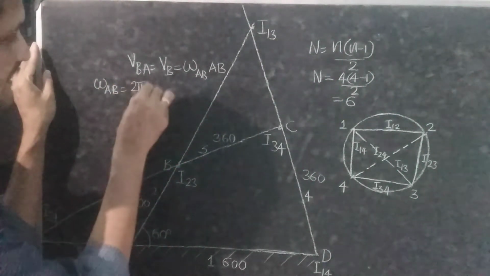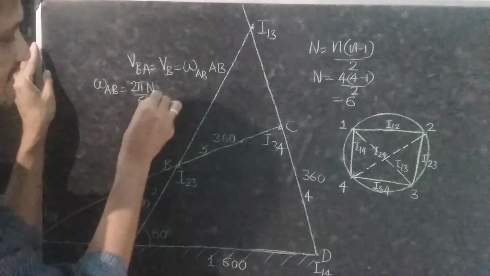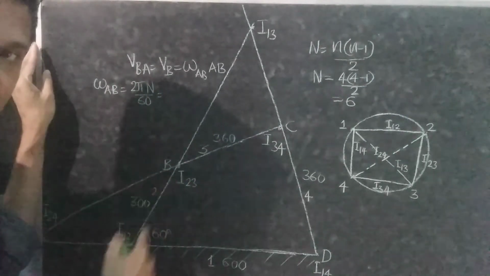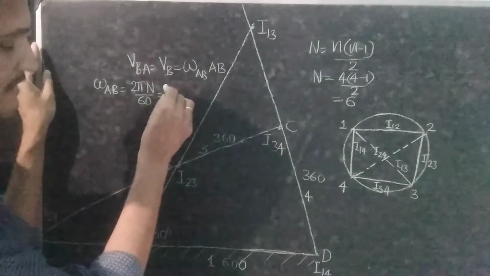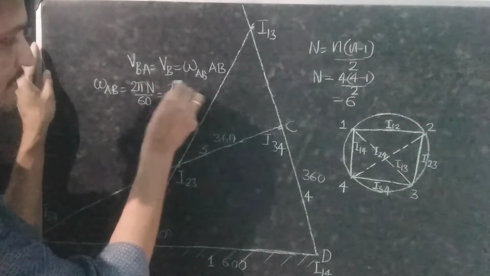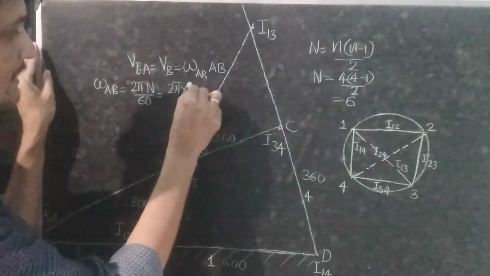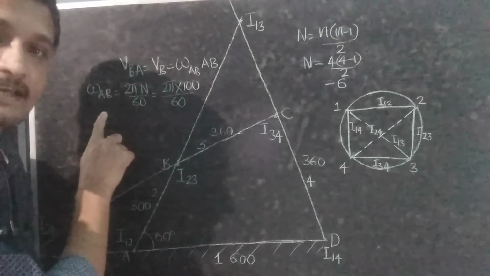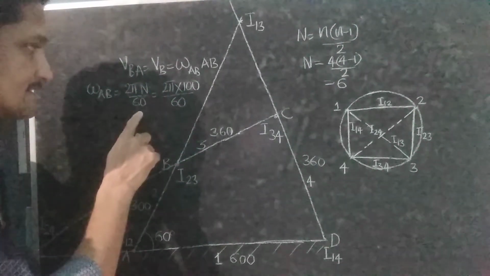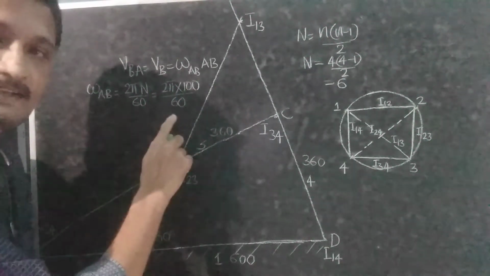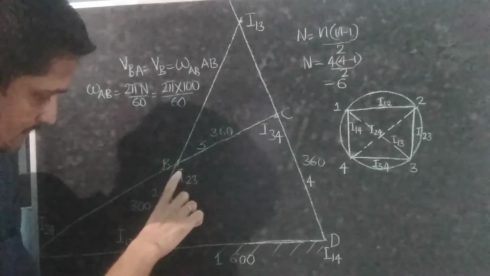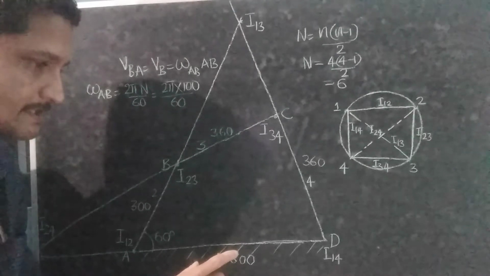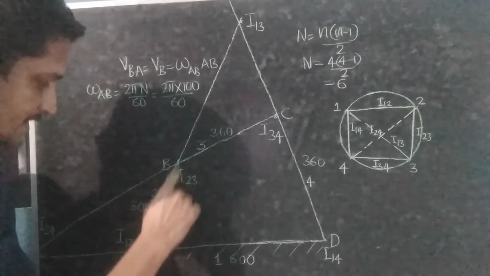2 pi n by 60, where n is the rotations per minute, RPM, of this particular link. We already have in the question that the crank AB rotates uniformly at 100 rpm.